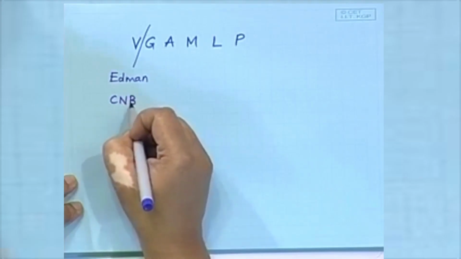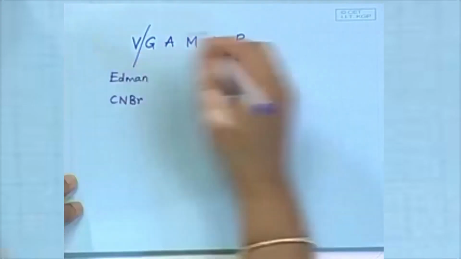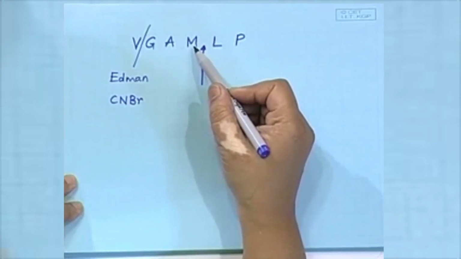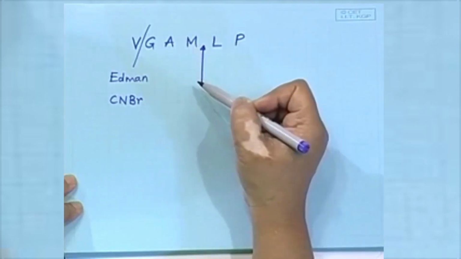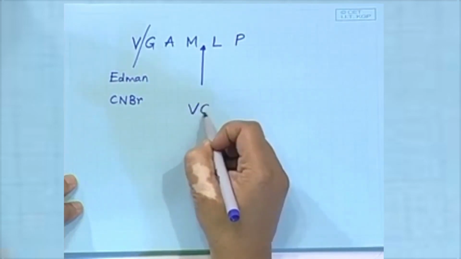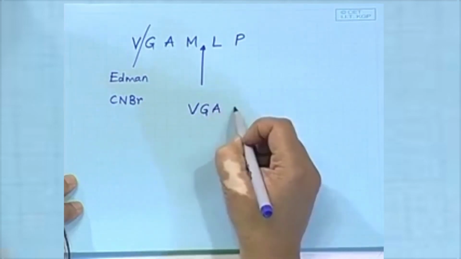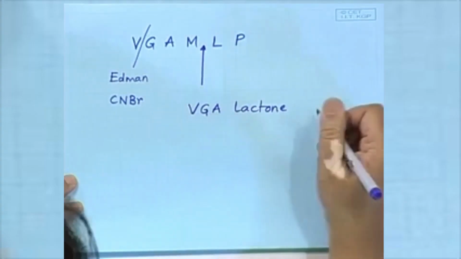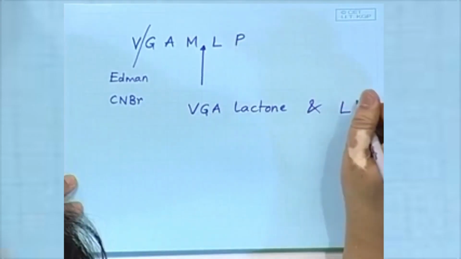If I treat this with cyanogen bromide, I am going to have cyanogen bromide act here, and since the methionine is going to interact with the cyanogen bromide, I am going to be left with a VGA lactone and LP.